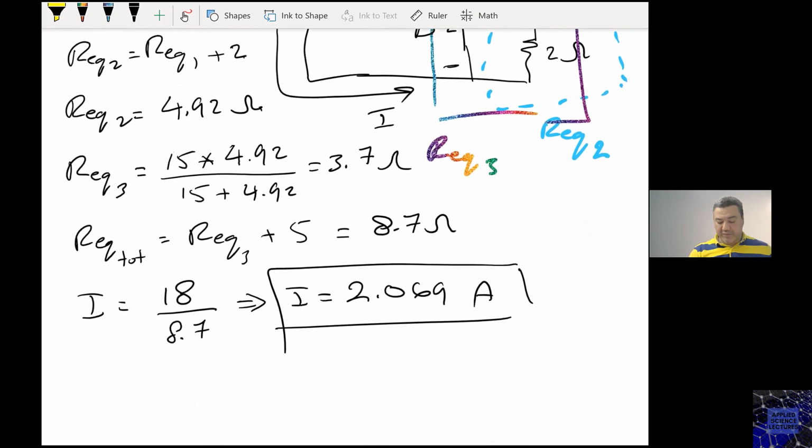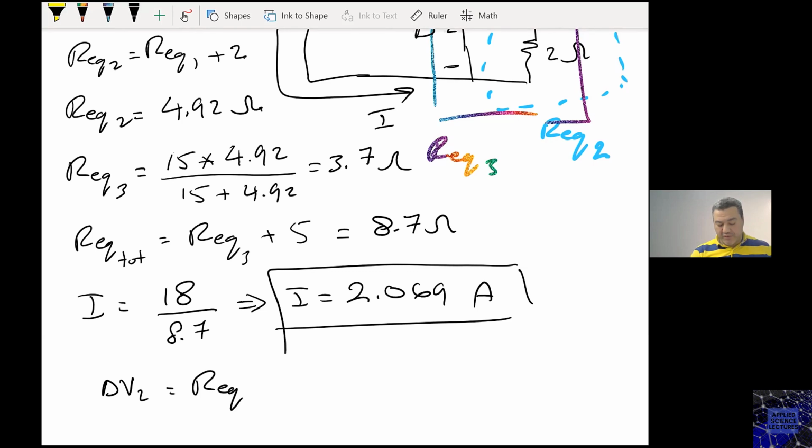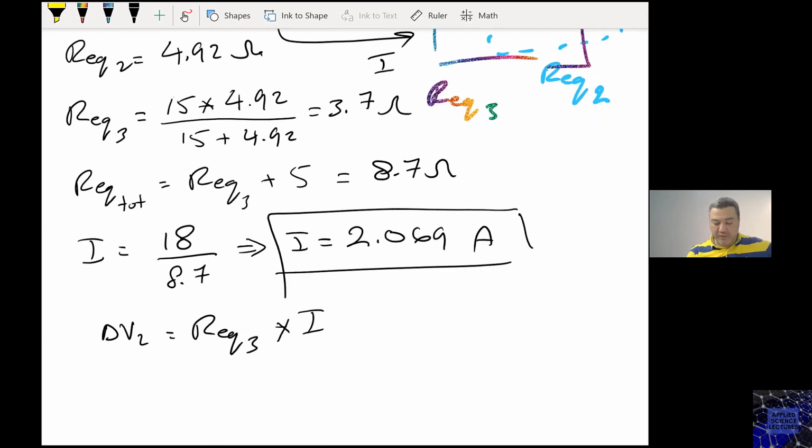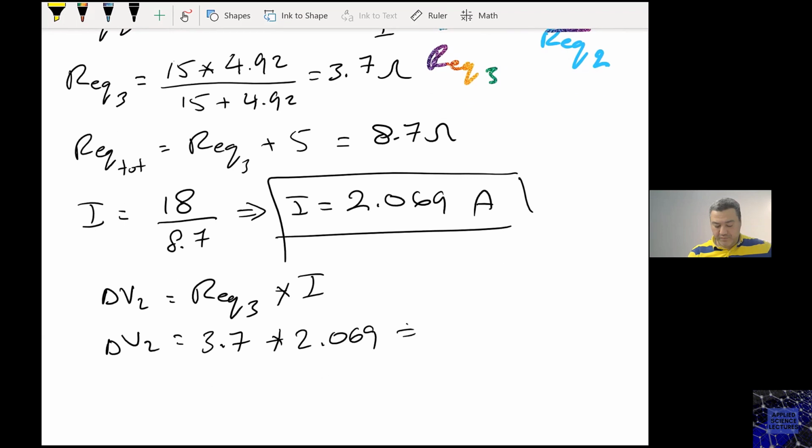So delta V2 is R equivalent 3 times I. R equivalent 3 is 3.7 times 2.069. This is delta V2. Delta V2 is 7.66 volts.